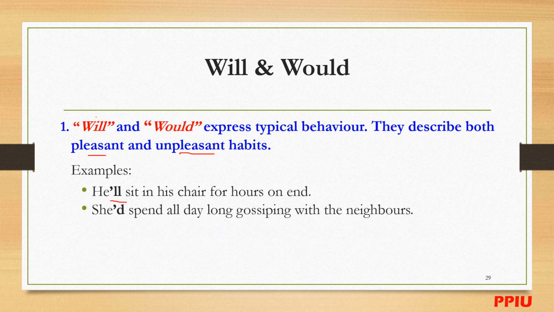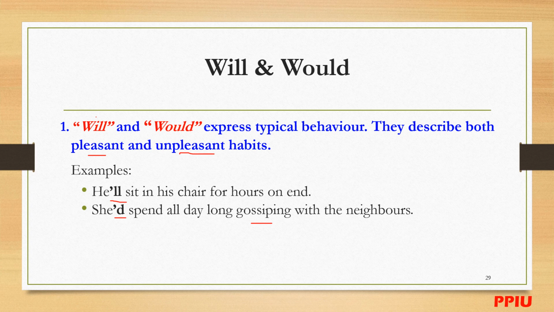The other one: "She'd spend all day long gossiping with the neighbor." You know gossiping? Gossip, like talking behind, talking about other people's stories, all right? Even if they are good or bad, they keep talking, chit-chatting about it. Okay, so the first one, is it pleasant or unpleasant?